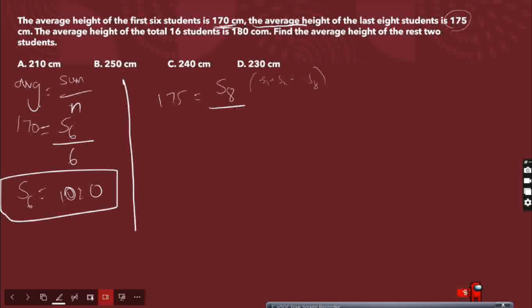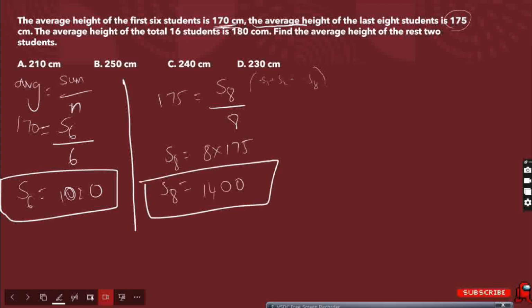Instead of writing all these terms, I am writing it in short form as S8. The number of observations is 8. So S8 will be 8 into 175, which gives you 1400. The sum of the last 8 students is 1400.